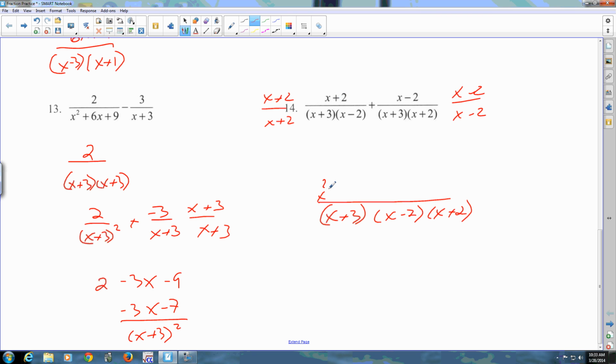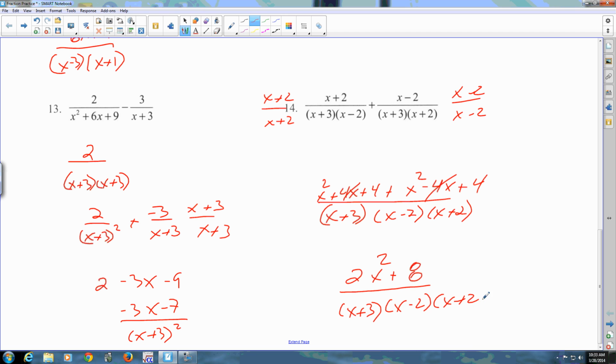So that's going to be x squared plus 4x plus 4 plus x squared minus 4x, it's a 4, plus 4. So that's going to cancel that. So you got 2x squared plus 8 over x plus 3, x minus 2, x plus 2. Okay, so that's going to be your final answer right there. Nothing else to do.